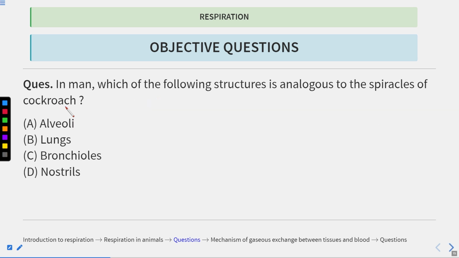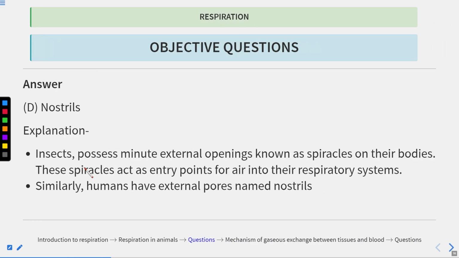Let's have a look at the options. Option A is the alveoli, option B is the lungs, option C is bronchioles, and option D is nostrils. Nostrils is the correct answer here.